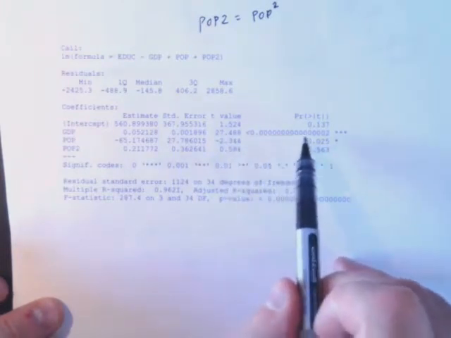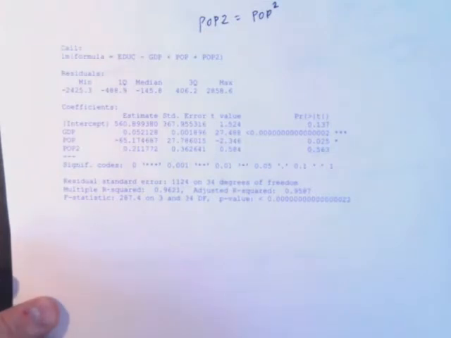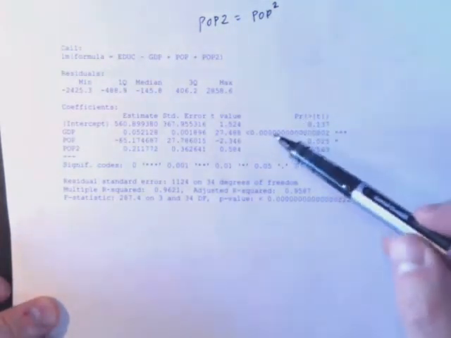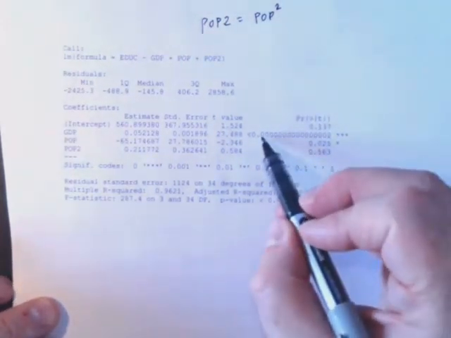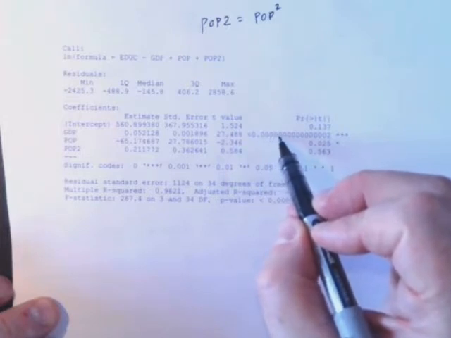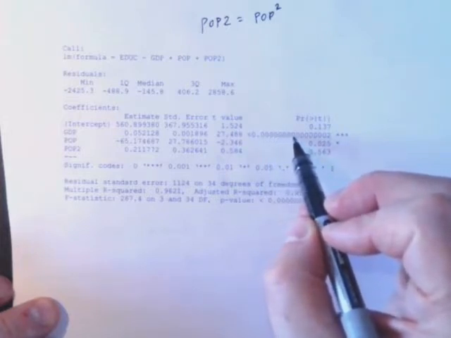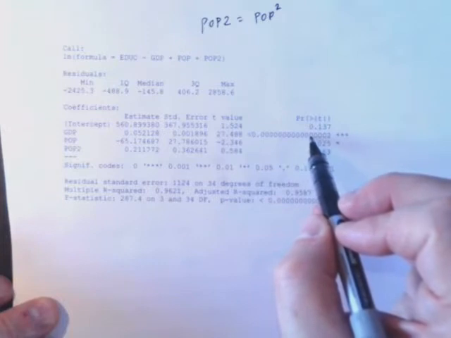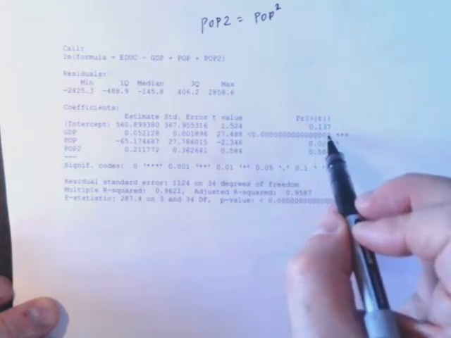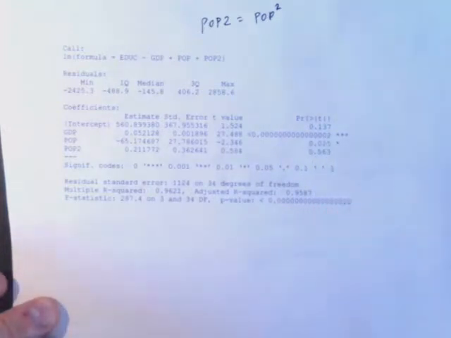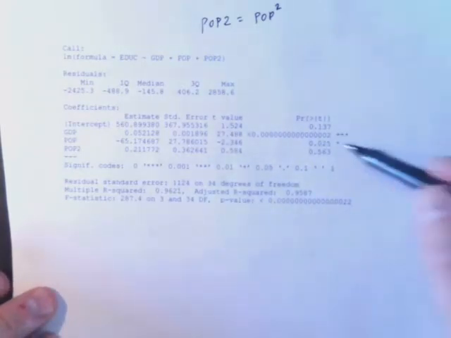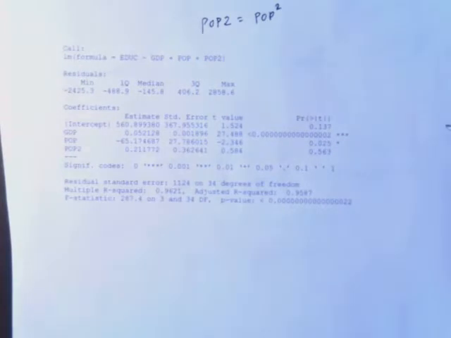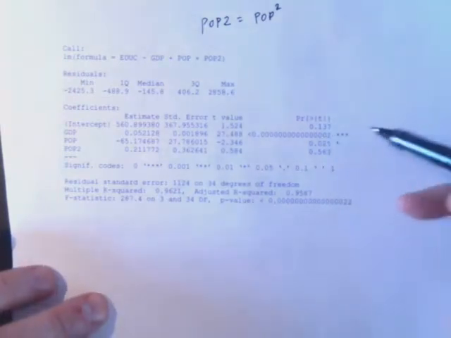So that means the tail area is 0.00000000000002, and that's basically 0. The computer's way of saying that's so small, even a computer can't calculate it. So it's just very small.